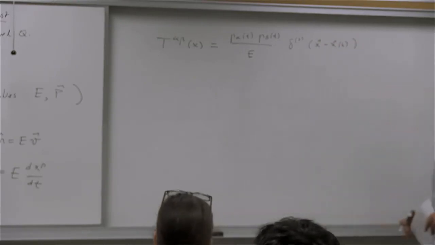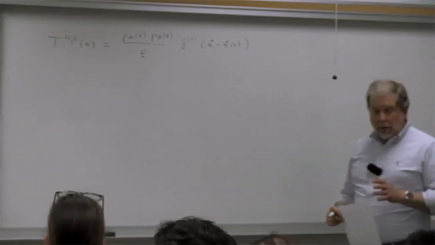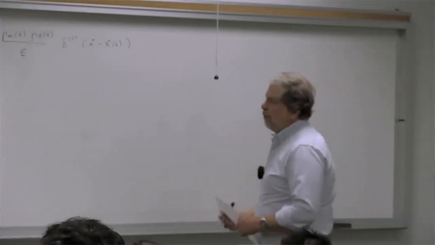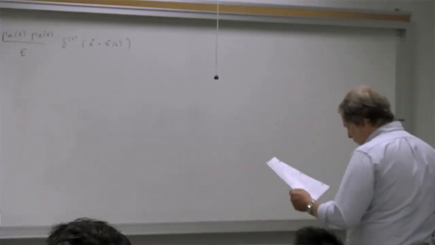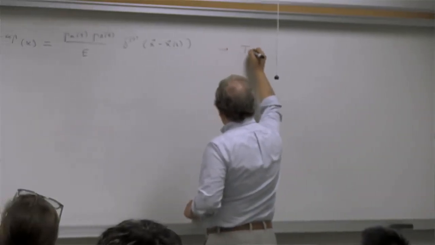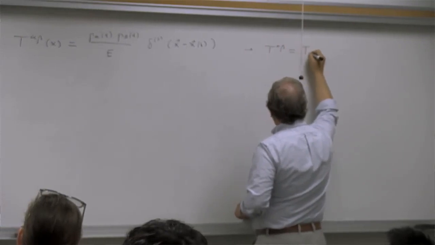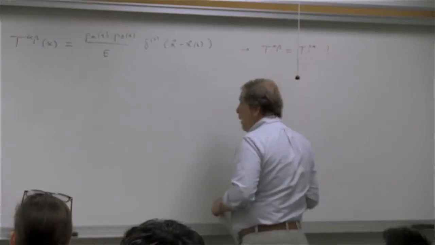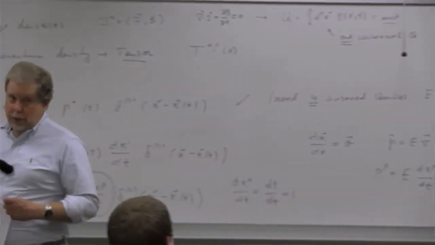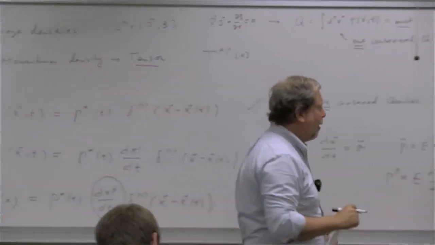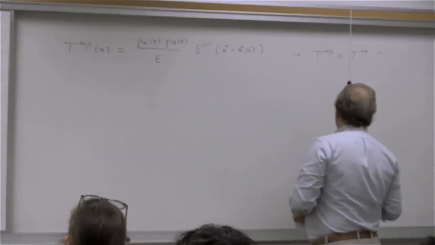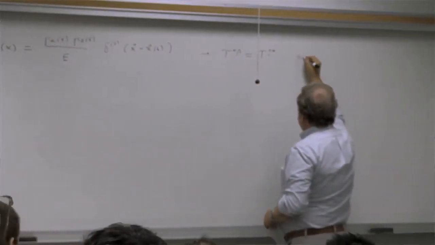Well, it's a slight rewriting, and of course it's still obviously at this point not manifestly Lorentz invariant. Nevertheless, we recognize from this that T alpha beta is equal to T beta alpha, that the energy momentum tensor constructed in this way is in fact symmetric. That is certainly clear because of the appearance of the P alpha and the P beta. So, symmetric.